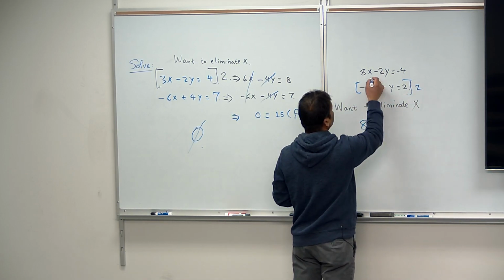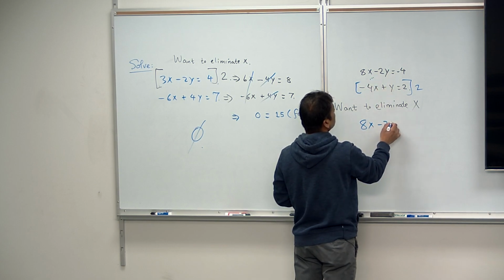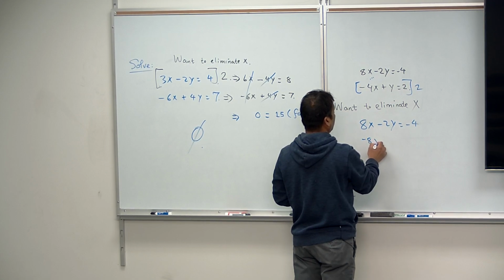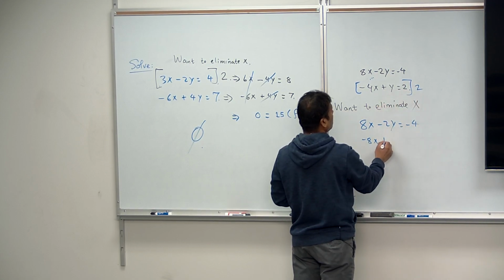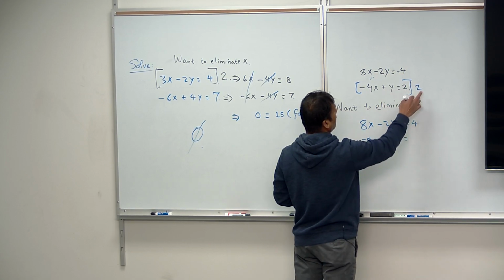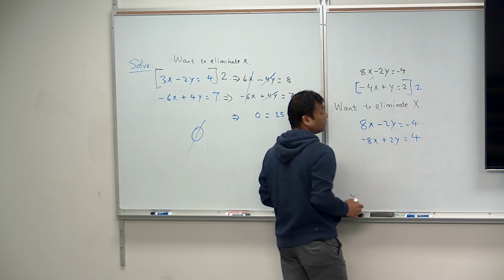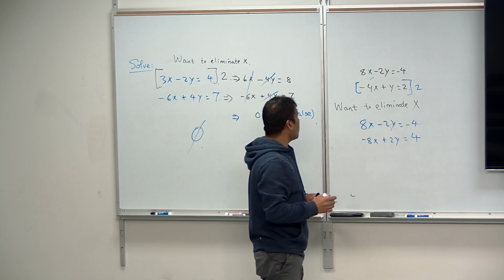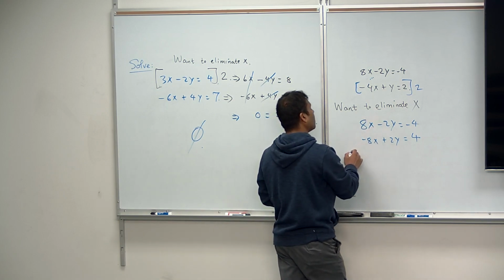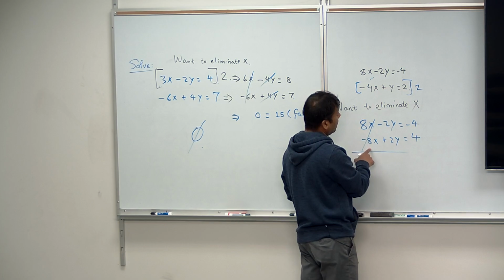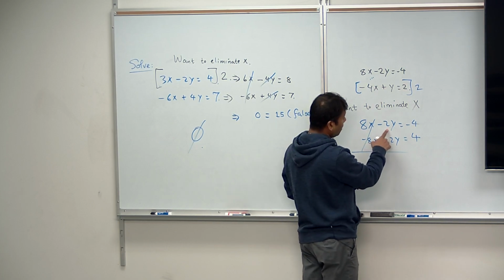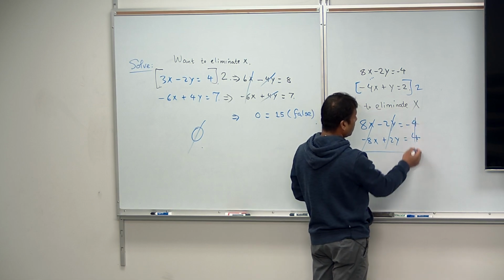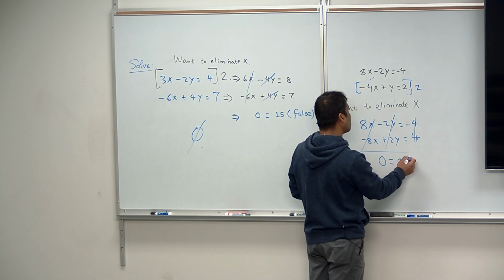So this equation is 8x minus 2y equal to negative 4, and you multiply this to get negative 8x, 2 times y is positive 2y, equal to 2 times 2 is what? 4. So what happened here, you see this cancels: positive 8x, negative 8x, negative 2y, positive 2y cancel. Negative 4, positive 4 also cancel. So you got 0 equal to 0, which is what?